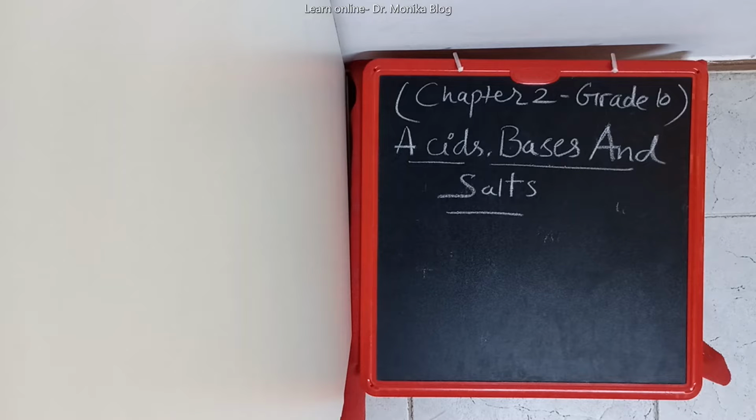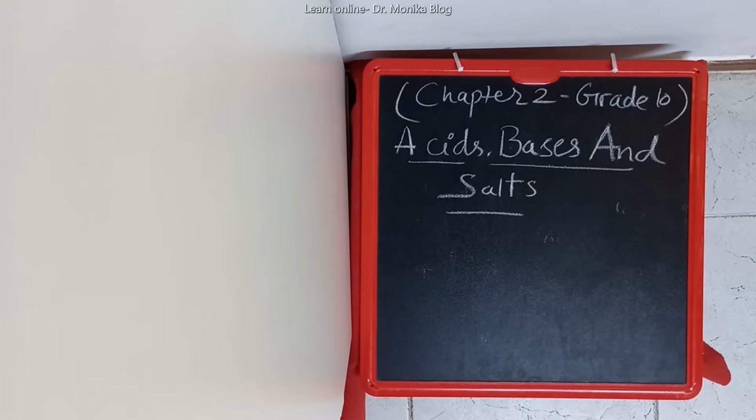So in this chapter we are going to read in detail about acids, bases and how salts are formed. Now, do you know what a litmus solution is? Litmus solution is basically a purple colored dye which is normally extracted from lichen.